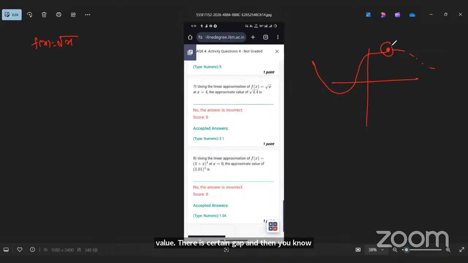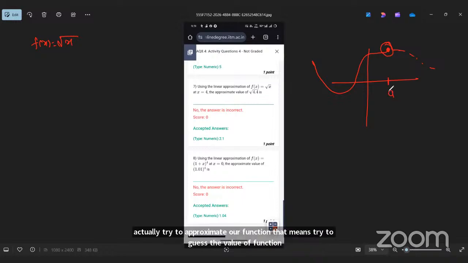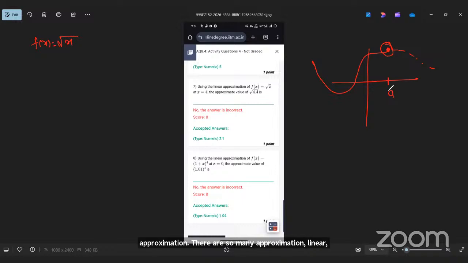So in the neighborhood of this point, using differentiability of the function, we try to approximate our function. That means try to guess the value of the function in a neighborhood of this particular point A. So linear approximation is one type of approximation. There are so many approximations: linear, quadratic, nth power, and so many. But linear approximation is the first one.